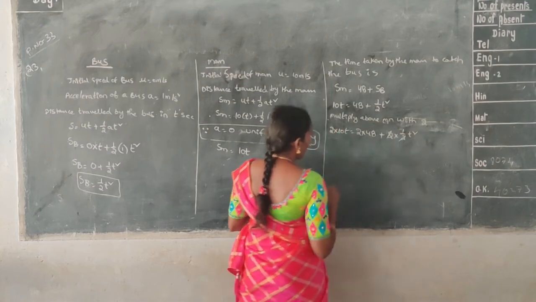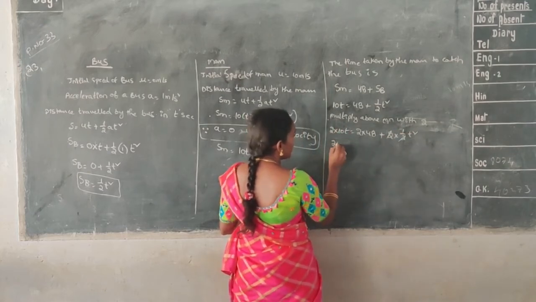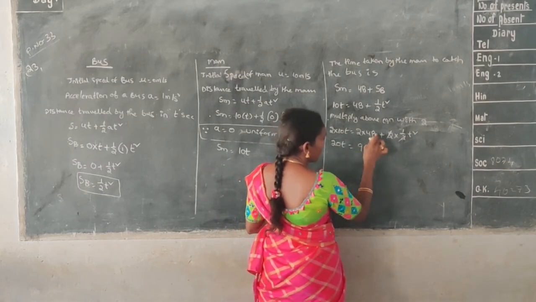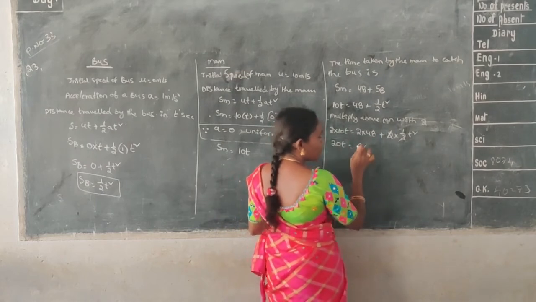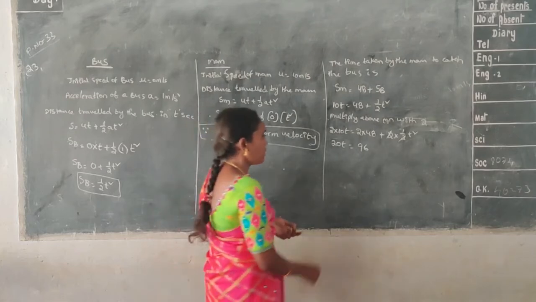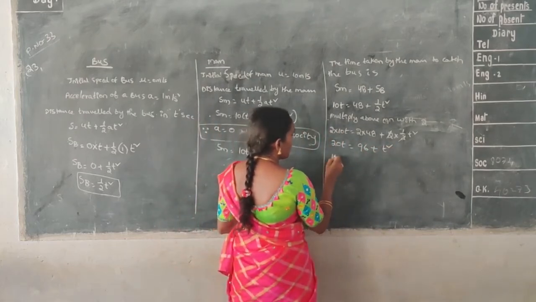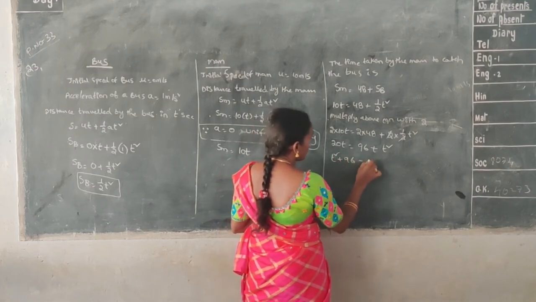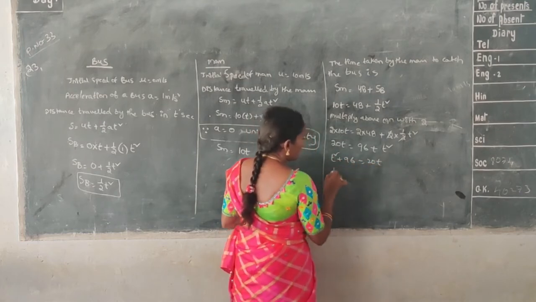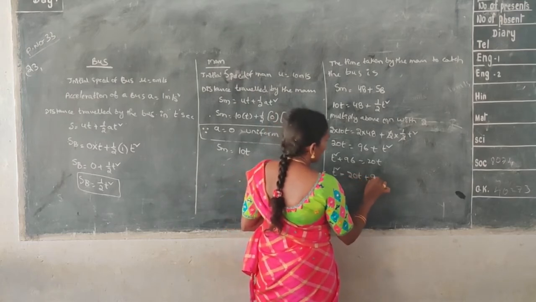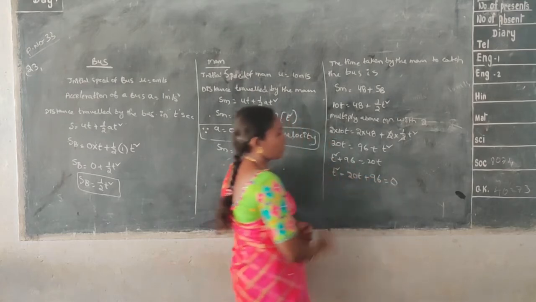Here the 2 gets cancelled. 2 into 10t, 20t, is equal to 96 plus t square. This should be written as t square plus 96 is equal to 20t. Here t square minus 20t plus 96 is equal to 0.